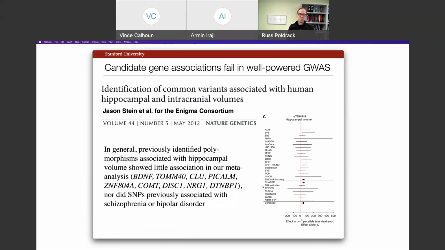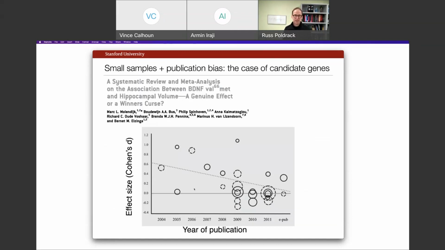And now we know from very large GWAS studies that none of these previously associated candidate genes are actually associated with hippocampal volume. And in general, the other thing we now know is that effect sizes for any particular genetic polymorphism are generally orders of magnitude smaller than this, generally accounting for less than 1% of the variance in any phenotype.